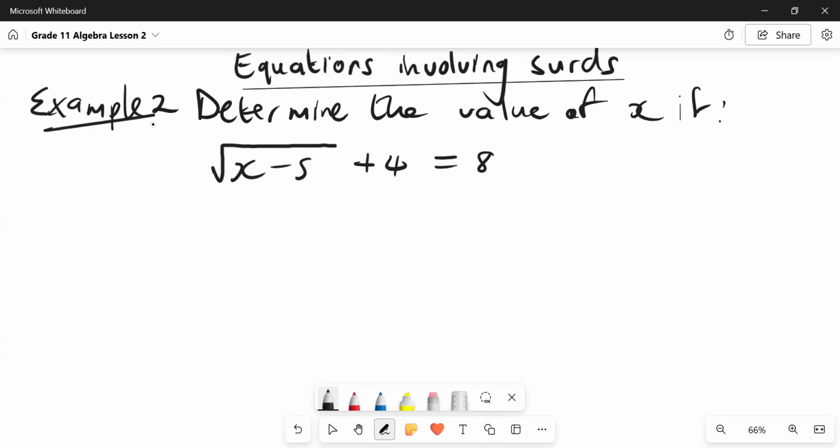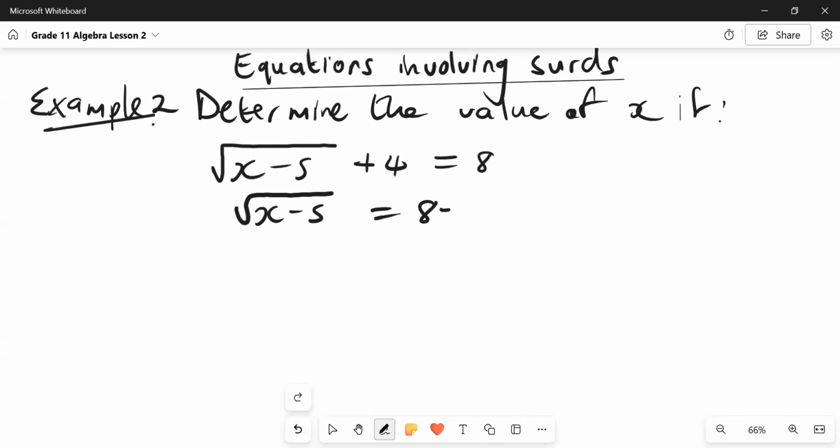Again, we have to isolate the set. That's step number 1. So we have x minus 5 equals, that's 8 minus 4, which will give us 4. Perfect.